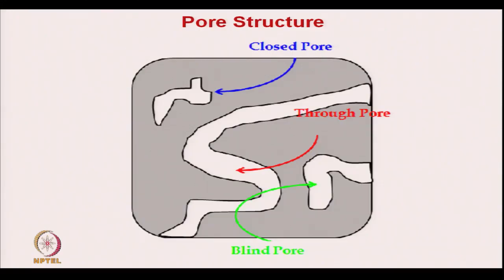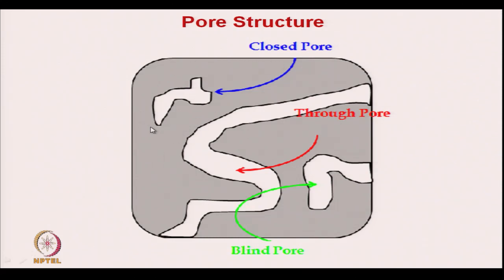Now, one of the most important physical parameters of filter fabric is pore structure. Pore structures are basically 3 different types. One is closed pore.